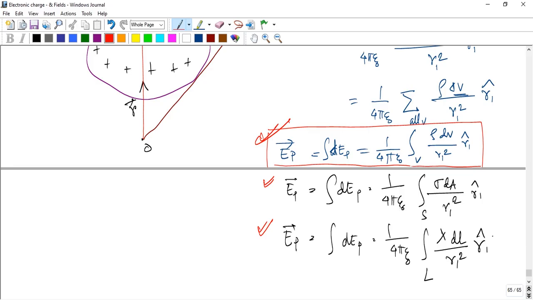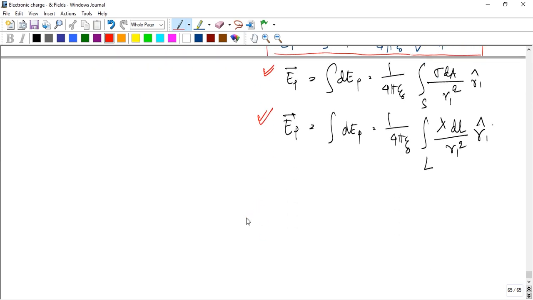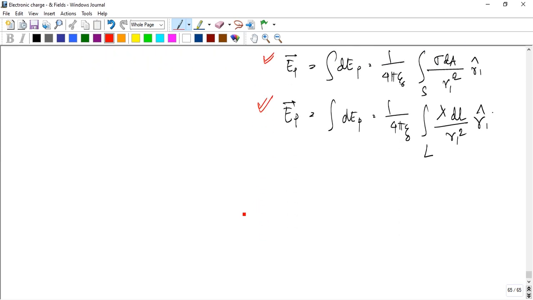Now we derive Gauss's law again, using some tricks and another method. Recall the previous class and the concept of Gauss's law.